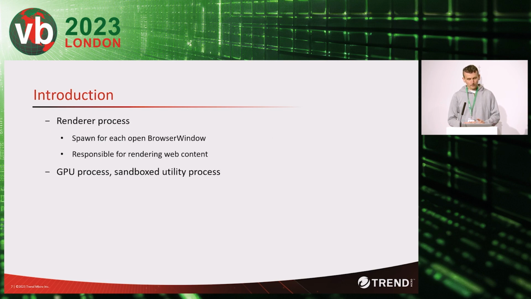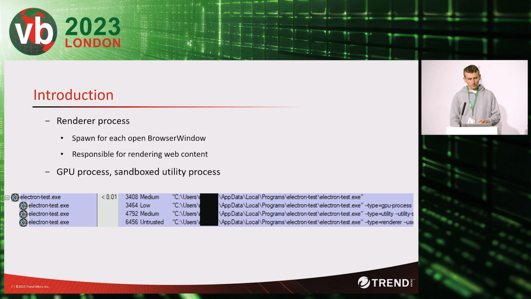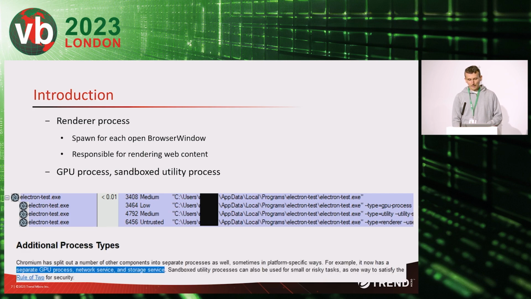And there are also a few more renderer processes, and each renderer process is for one browser window. There are also a few more processes, as you can see in the screenshot. Some of them are responsible for rendering the content. There are the renderer processes, a GPU process for some hardware acceleration, and also some utility processes, for example, for internet communication and so on. You can see this type parameter in the command line.